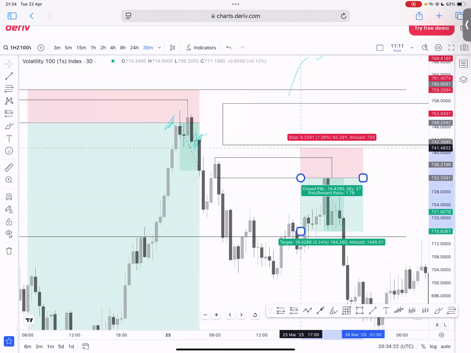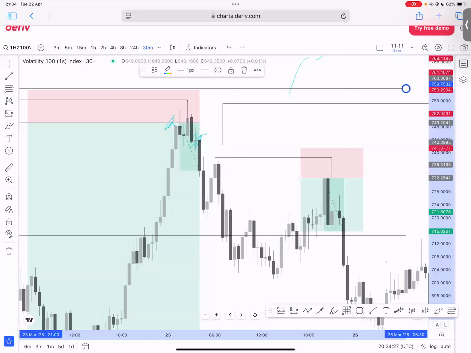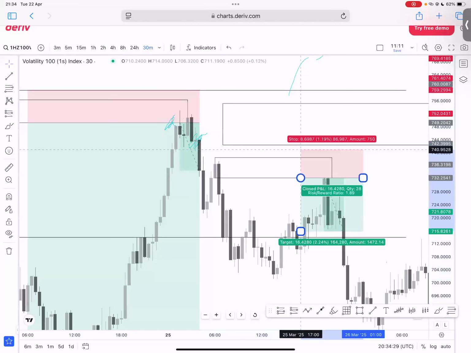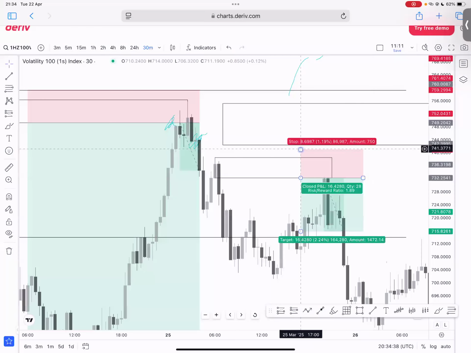So instead of having a stop loss at this level way above that point, this is now going to have a stop loss just above that particular stacking point. So every trade that you open at this particular level will have a stop loss of around 740, maybe 741.